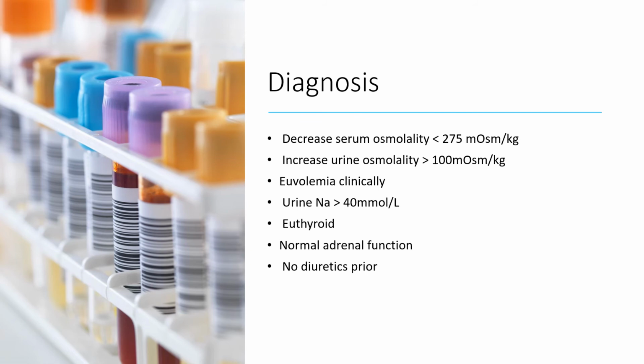And the following will be what will guide us. When we check the osmolarity, there will be decreased serum osmolarity, less than 275 milliosmoles per kg. Then urine osmolarity will be greater than 100 milliosmoles per kg. That will be pointing to SIADH.